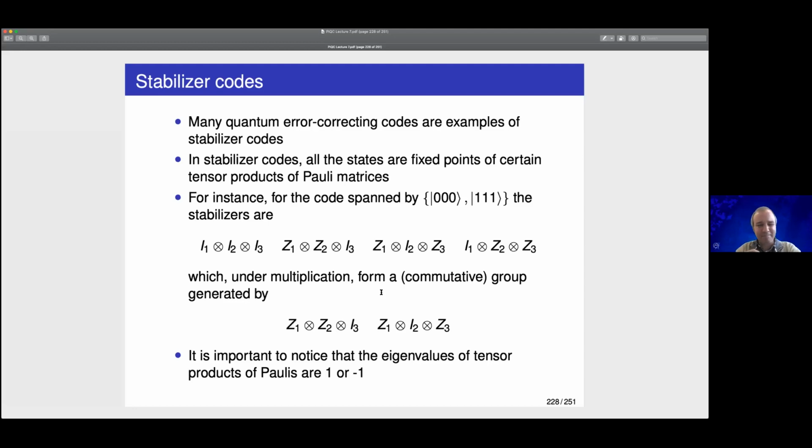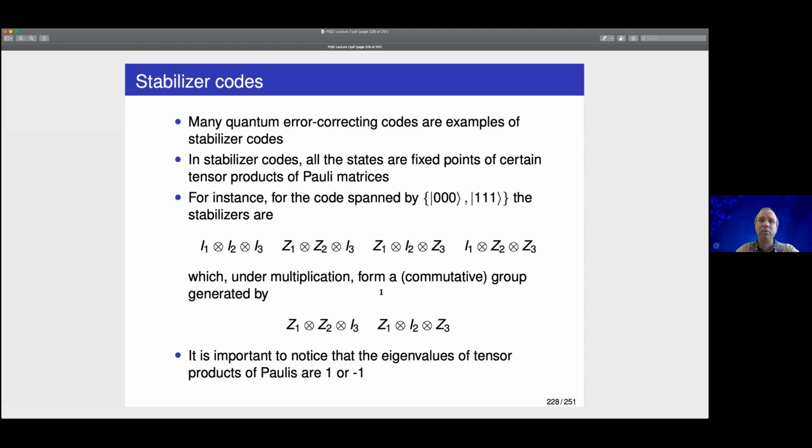Well, there is a lot of literature on this topic. It's very beautiful. It's also, from the mathematical point of view, very interesting. It has to do with, of course, the classical theory of error correction, but also with group theory, for instance.